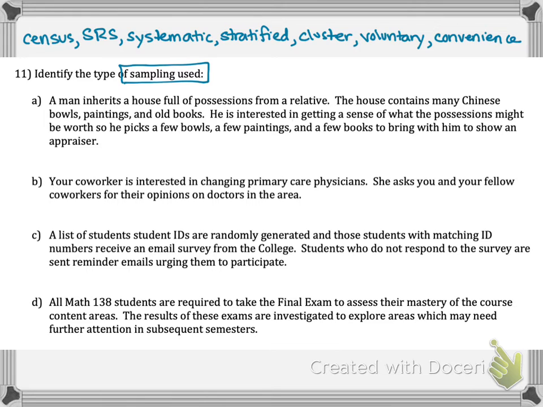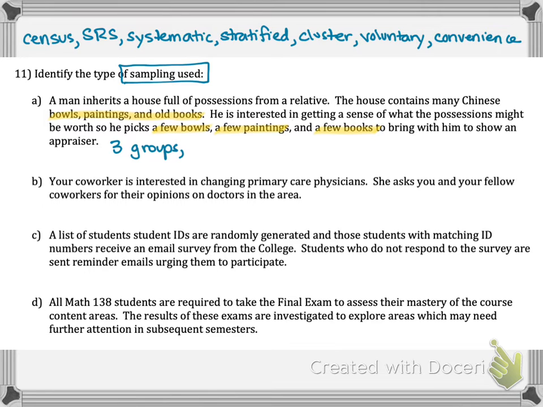It says a man inherits a house full of possessions from a relative. The house contains many bowls, paintings, and old books. He wants to get a sense of what the possessions might be worth, so he picks a few bowls, a few paintings, and a few books to bring with him. Okay, so first there are 3 groups: bowls, paintings, and books.